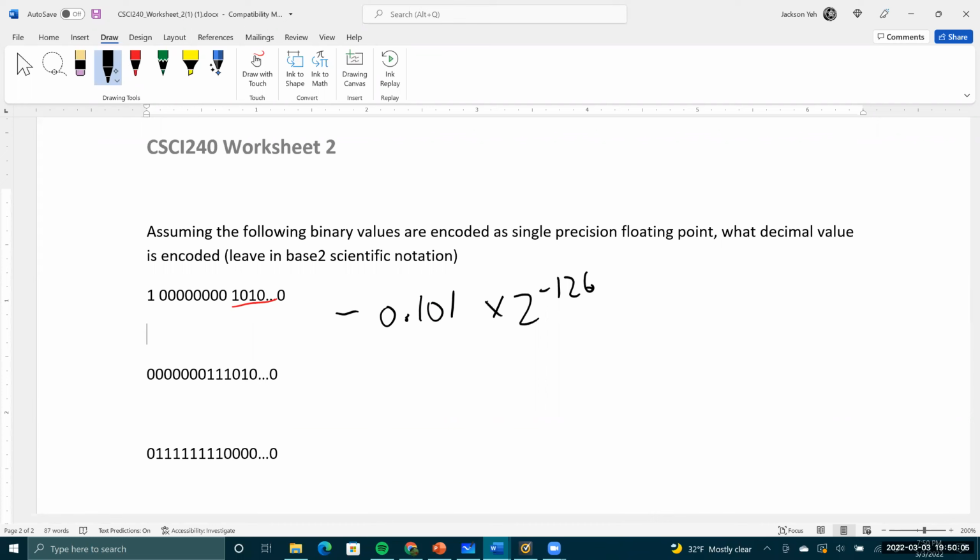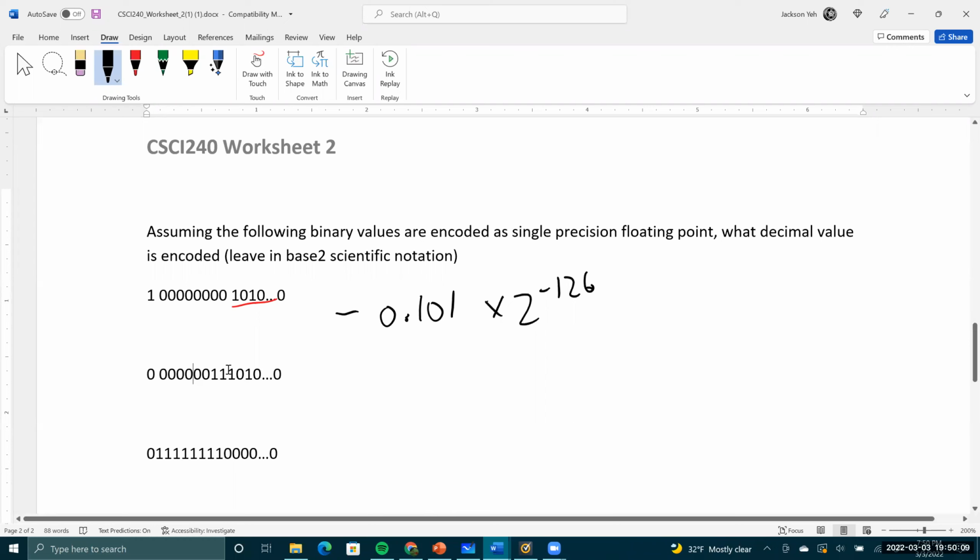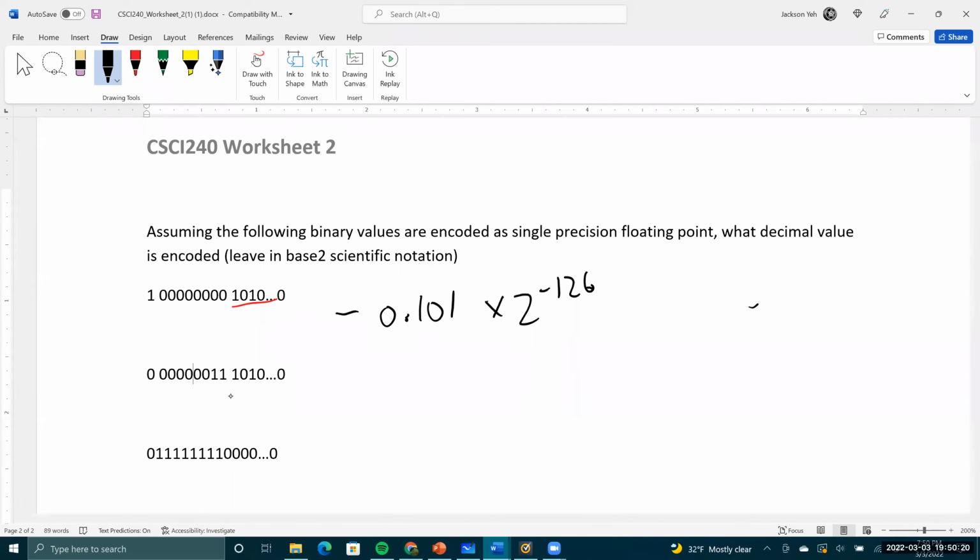Let's look at the next number. The exponent is 3, right? Because the exponent is 3, it's not all zeros and not all ones. This is just a regular float. So excess 127 to decimal, 0 goes to negative 127, and this is 3, so 3 would be negative 124.